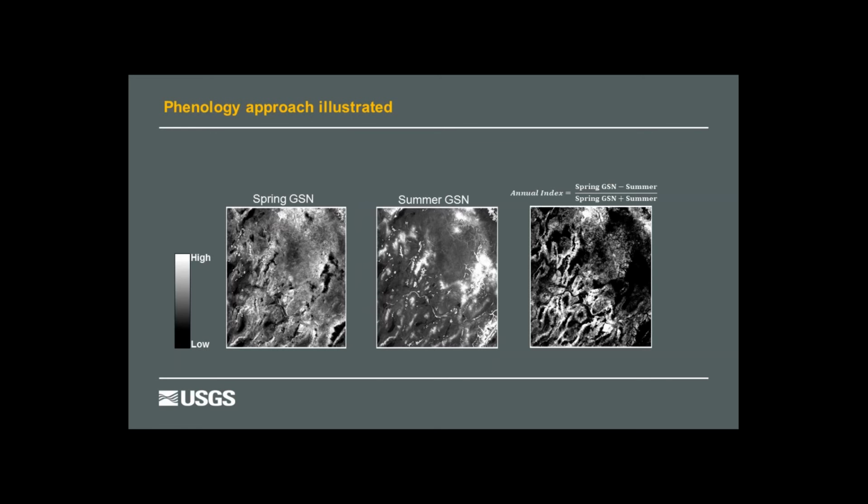Typically, those are not going to be areas that are bright in the spring. So areas that are bright in the spring and dark in the summer are potentially areas of cheatgrass or annual grass growth or invasion.